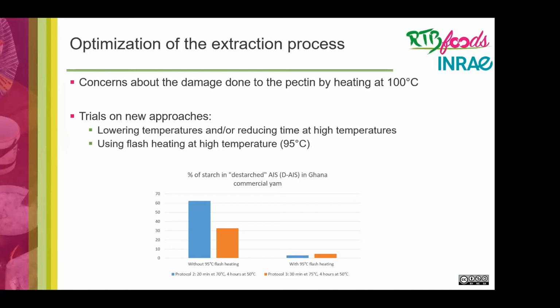So we recently tried flash heating, so just a few minutes at 95 degrees, and it changed the whole thing. We still need, however, to characterize the cell wall polysaccharides of these recently obtained samples to see if there is less damage done to the cell wall polysaccharides and if we identify more of the final powder content.